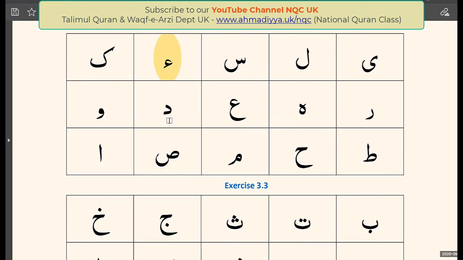Soft and mild. Dal, waw, ta. It's a thick sound with a little jerk at the end. Ta, ta. No, no. Ta.